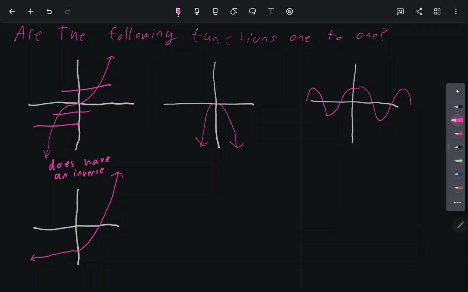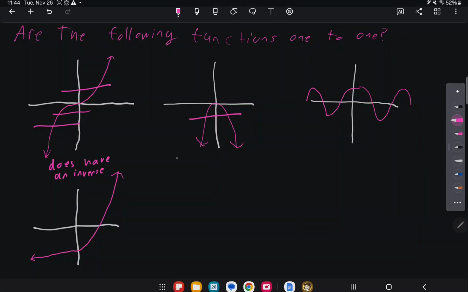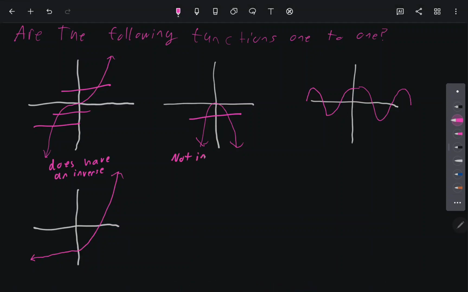For the second one, since I have assumed that you've probably worked through all of these, this is not invertible because it fails the horizontal line test.